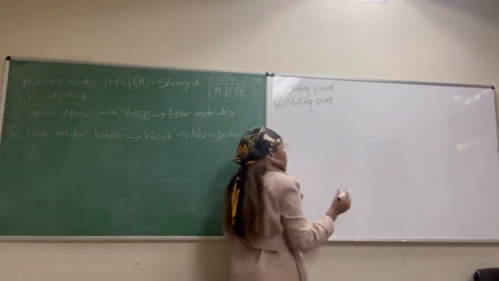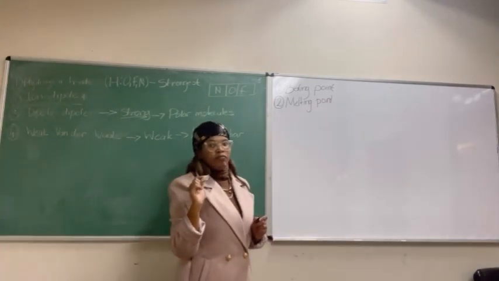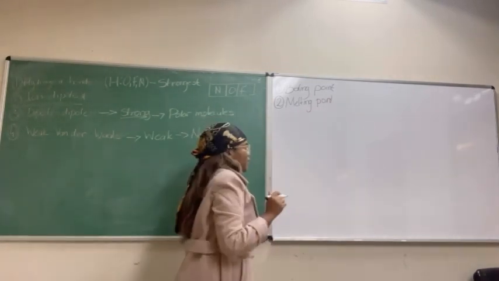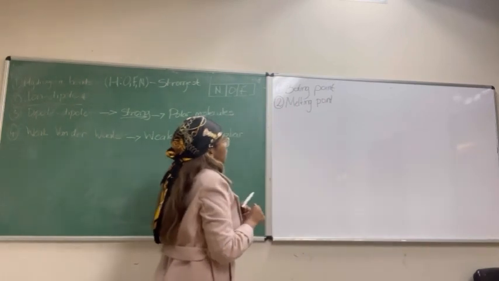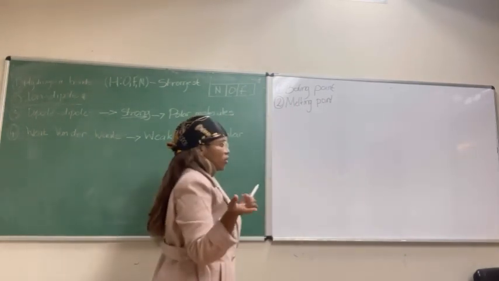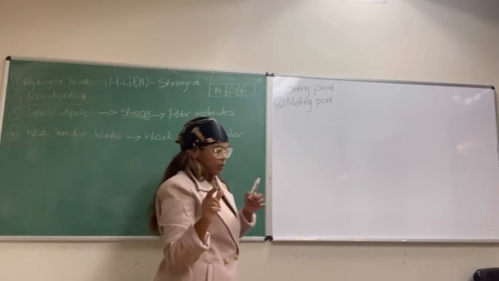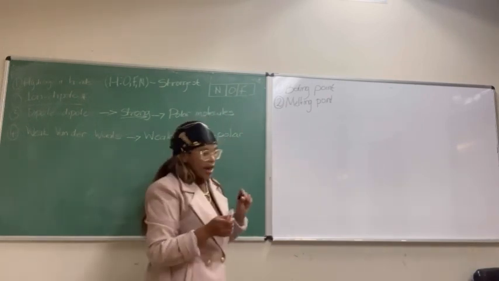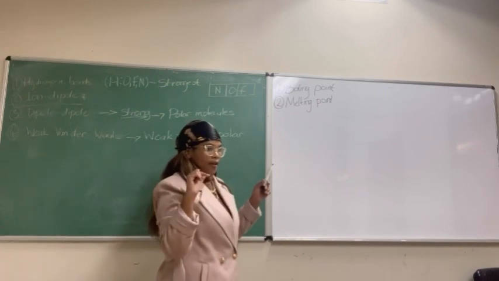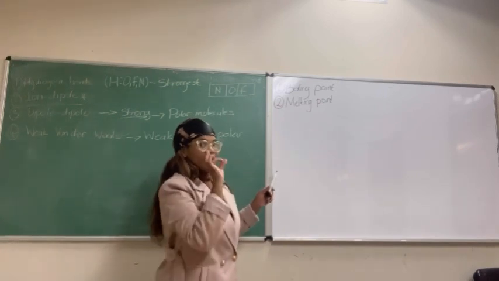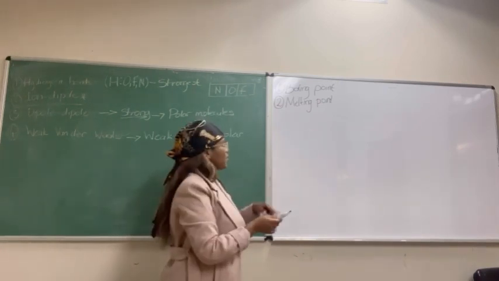And what is melting point? Solid to liquid. Right. So it's the point at which solids turn into liquid. The temperature at which solid will turn into a liquid. So for example, when ice melts into water, it melts at 0 degrees. That 0 degrees is the melting point.